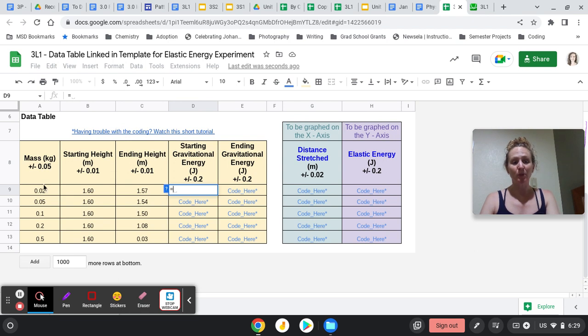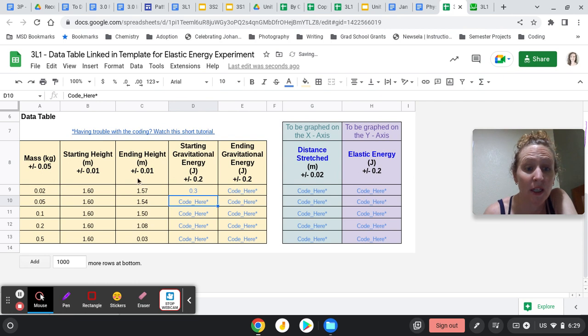Now, instead of typing in mass, gravity, and starting height, I'm going to select them. So I want equals mass times strength of gravity, which is 9.8, times my starting height, which was 1.6 meters. Enter. So that gave me a starting height.